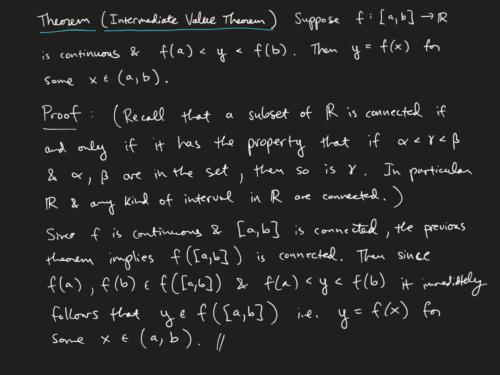Okay, so again, this is another proof which is incredibly straightforward once you've done a lot of hard work and clarified many foundational issues about the reals. The fact that intervals of the reals are connected really comes down to the completeness axiom again.